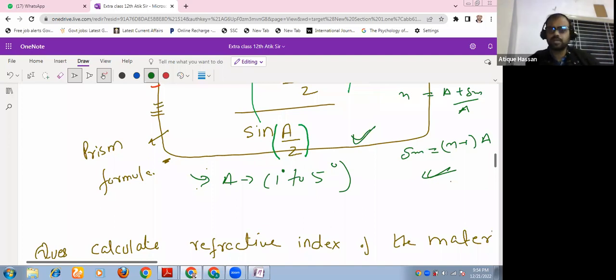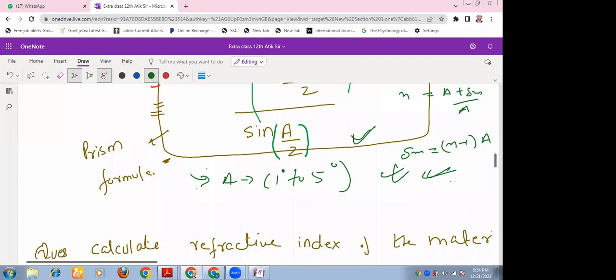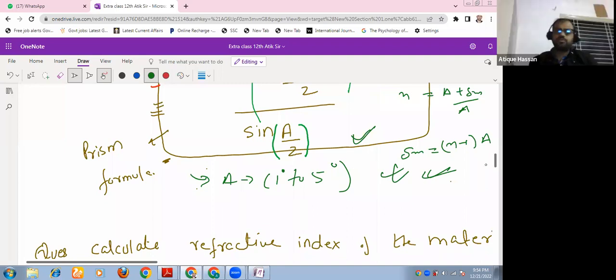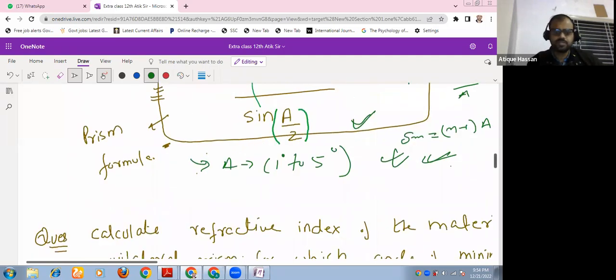Otherwise, you cannot apply this formula. If the prism is thin, you can directly apply this formula. Got it? So these were all the formulas for minimum deviation, for a normal prism as well as for a thin prism.